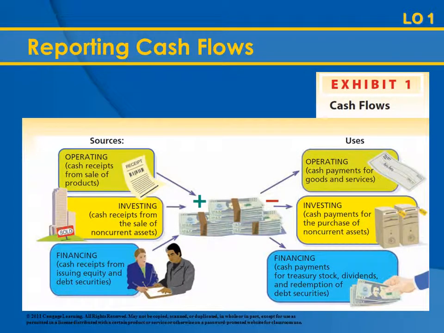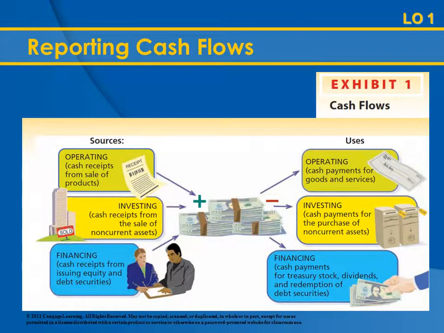Okay, so here's a few things. In the operating section: cash receipts from sales, cash payments for sales, just those everyday, day-to-day type activities. In the investing section, this is going to be like buying and selling assets. Bought a building, sold a building, bought some land, sold some land, all those different kinds of activities that deal with just your assets.